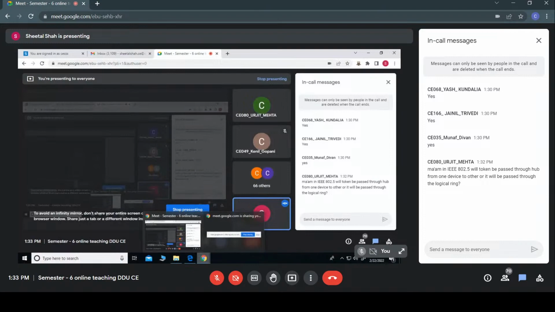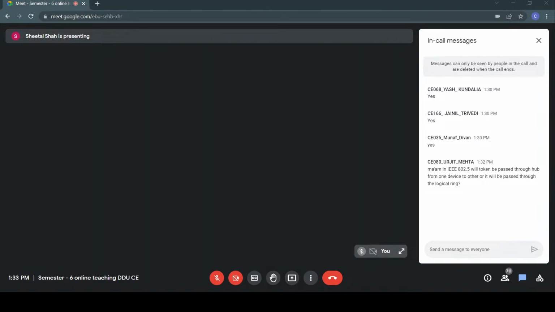Ma'am, in IEEE 802.5, we are using star topology. So will the token go through the hub, from A to B, or will it go through the logical ring that is created? Through star topology, no doubt. For that you are having one link for sending and the other link for receiving.